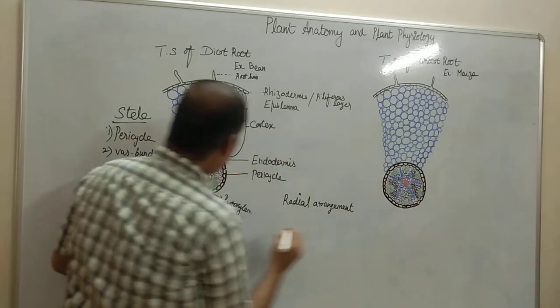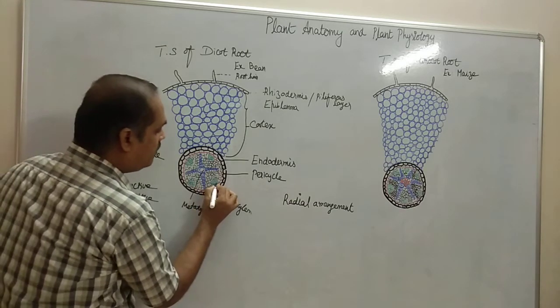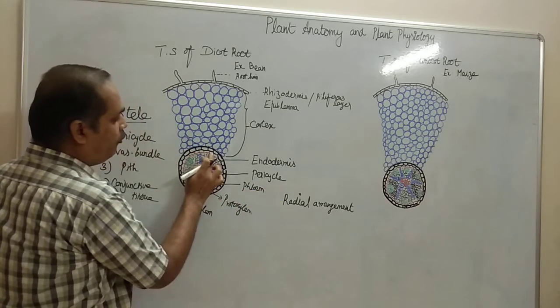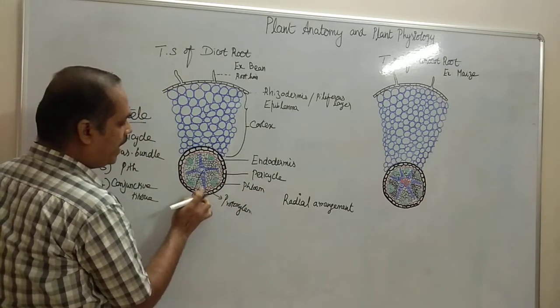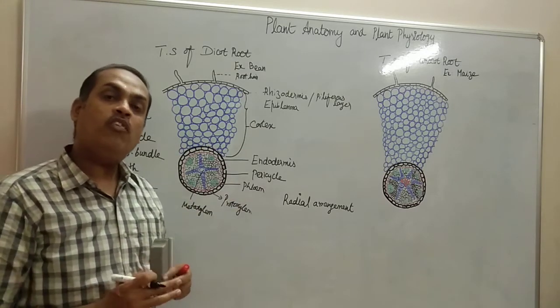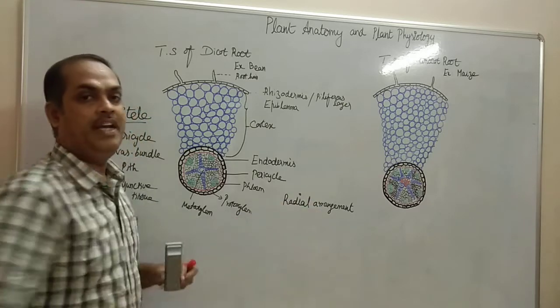You will be able to see xylem, the blue color cells, and phloem, the green color cells. Xylem, phloem, xylem, phloem, xylem, phloem, they are arranged on alternate radii. When the xylem and phloem are arranged on alternate radii, we call it radial arrangement.